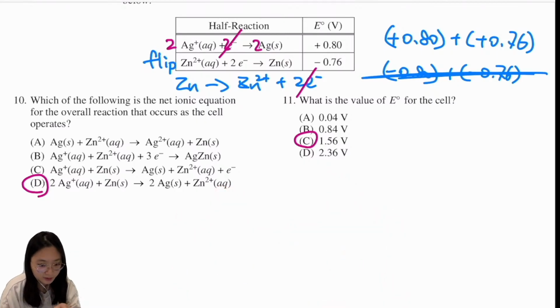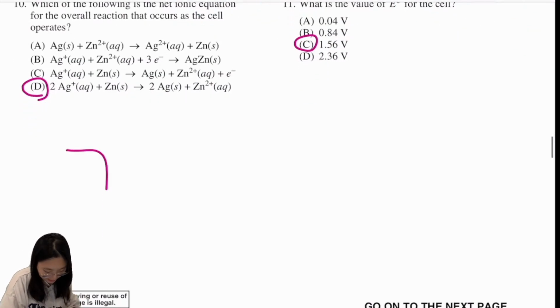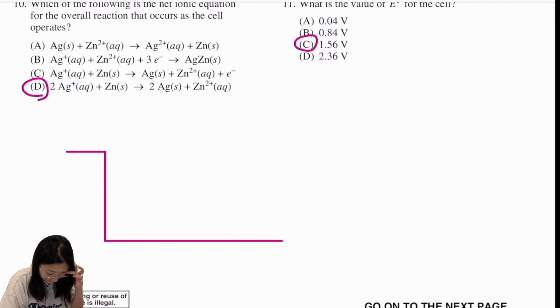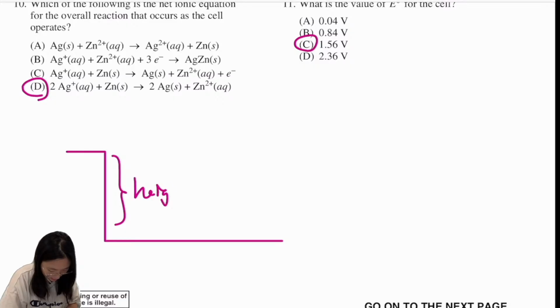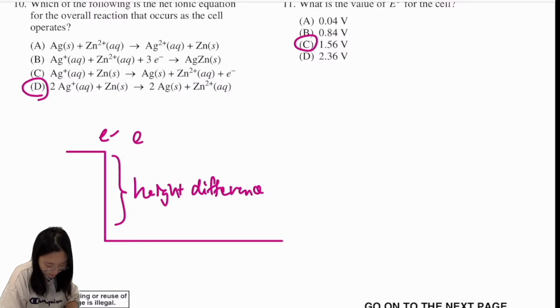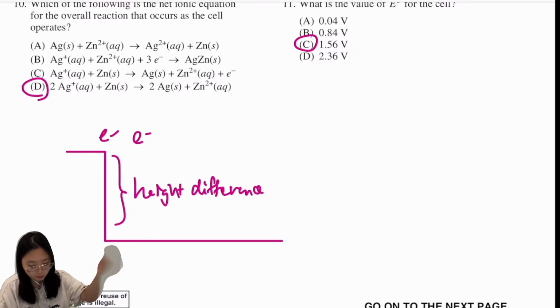Yes, the cell potential doesn't change when you're balancing and multiplying by 2 or 3 or 4 or 5. The cell potential is always the same. So how I explain it is, this is actually relevant to physics. Cell potential is like the height difference. It actually means the electrons are dropping from a higher energy level to a lower energy level.